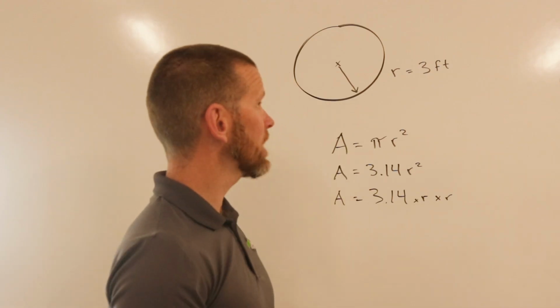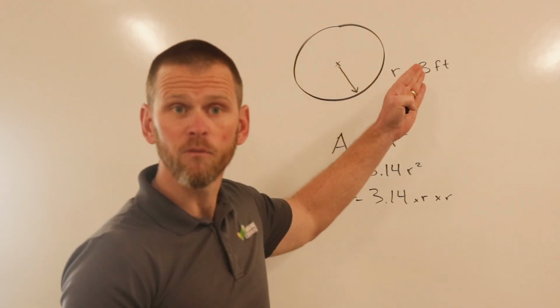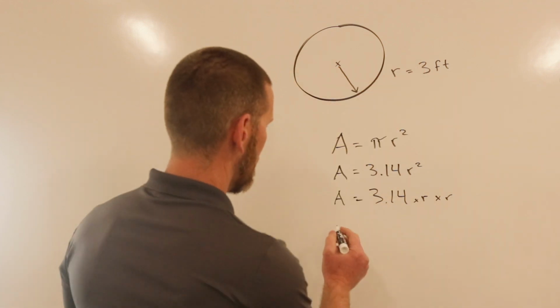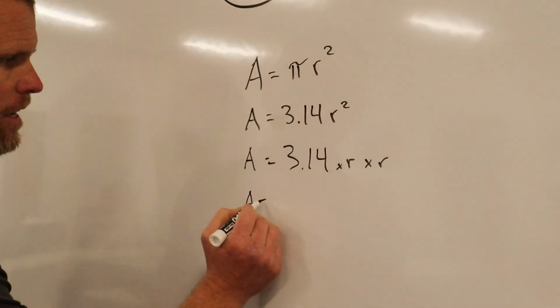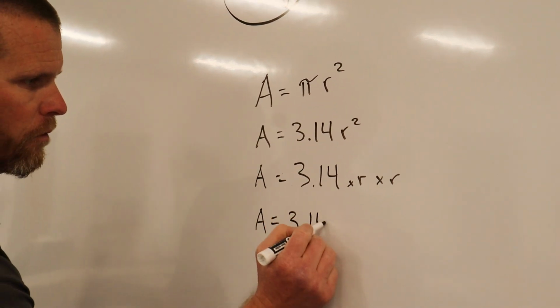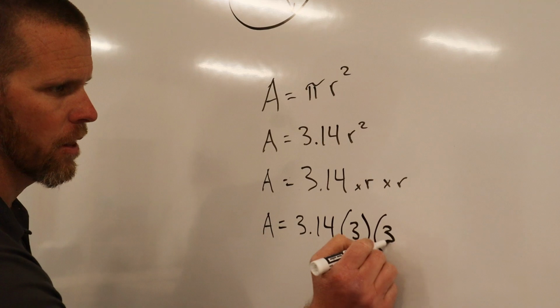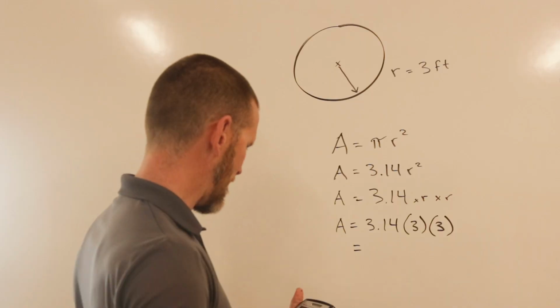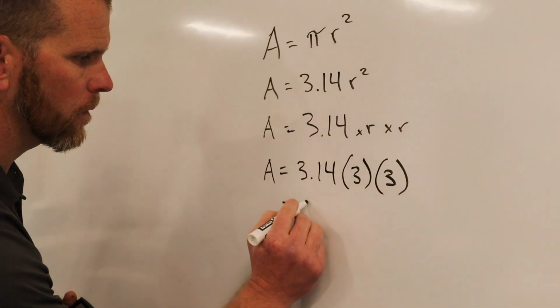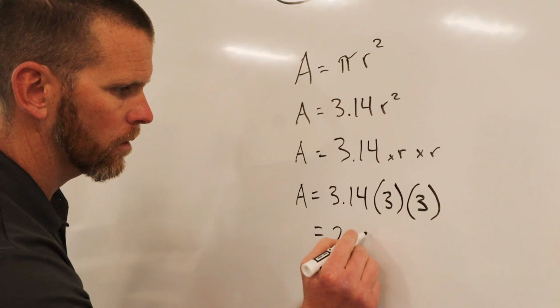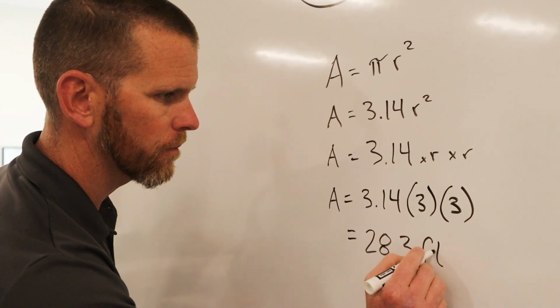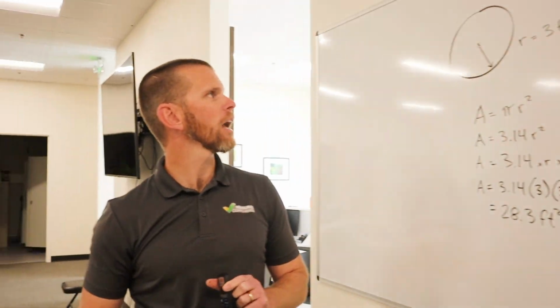All right? So let's say we have a circle that has a radius of 3 feet. To calculate the area, we can see area equals 3.14 times 3 times 3, and that equals 28.3 square feet. That is how you calculate the area of a circle.